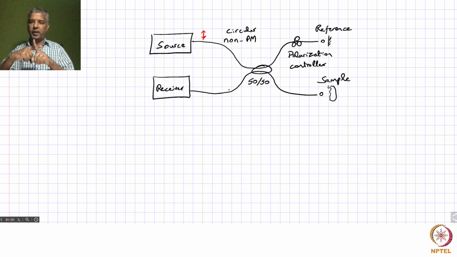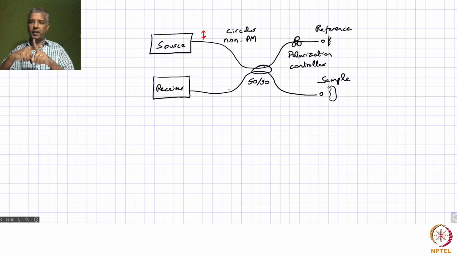How do you know it matches? Well, when it matches, that's when you get the maximum visibility for a given light source and a given path length. Okay, so you look at the visibility of the fringes as a function of path length delay, and you try to maximize that visibility by adjusting the polarization controller.